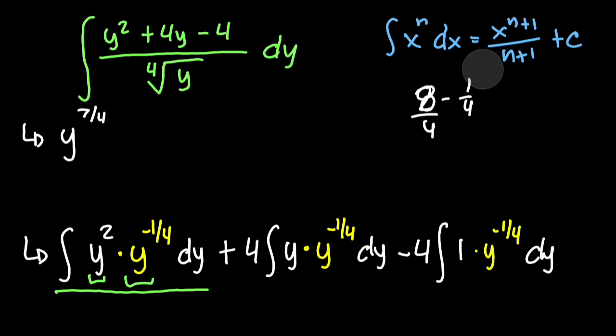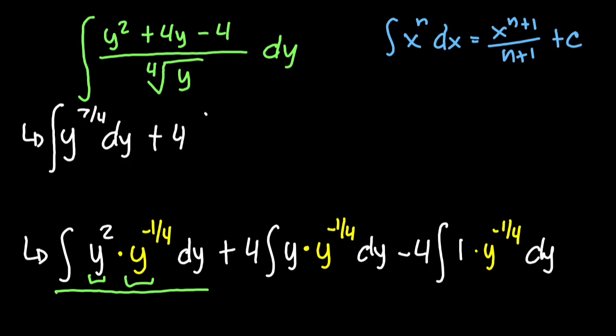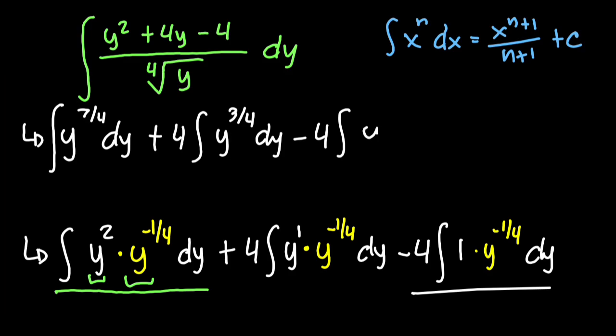Yes, it is equal to y to the power of 7 over 4 dy, plus 4 integral of, focus on the second part, y multiplied by y to the power of negative 1/4. Its exponent here is 1 if none is given. So 1 minus 1/4 would be equal to 3 over 4 dy. And lastly, this last part is just equal to y to the power of negative 1/4 dy.